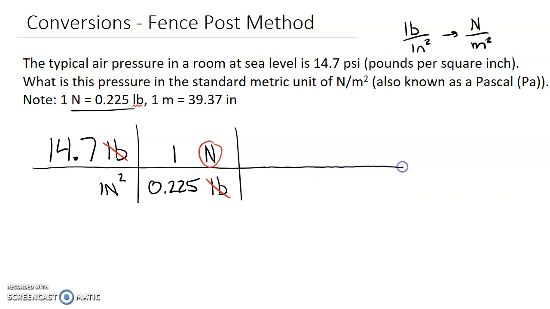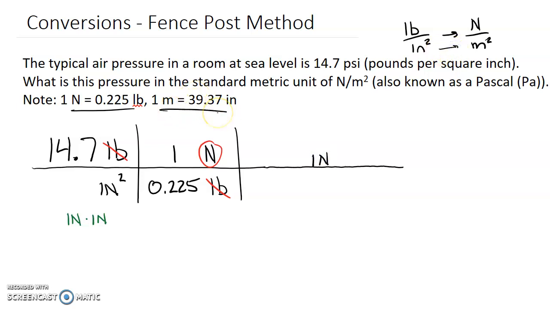And the reason it gets tricky is because you have this inches squared. One way to think about inches squared is algebraically, just like x squared would be x times x. Inches squared is the same as inch times inch. And so what we have to do is cancel each inch. In order to cancel something that's in the denominator, I need to put it in the numerator. And I want to go from inches to meters.